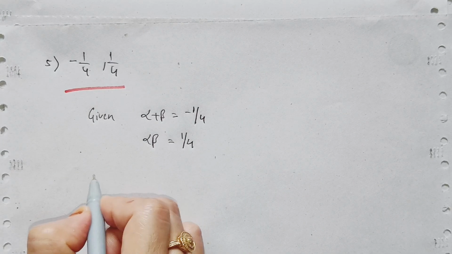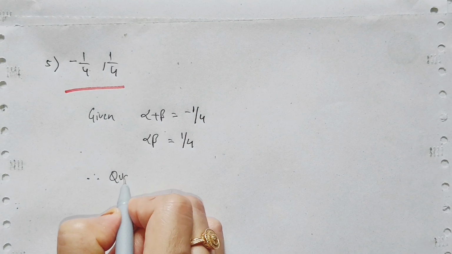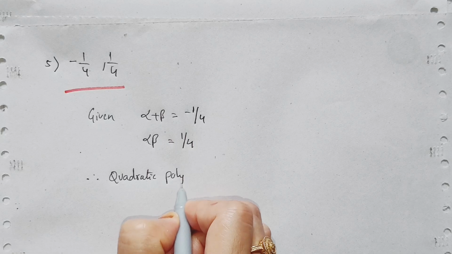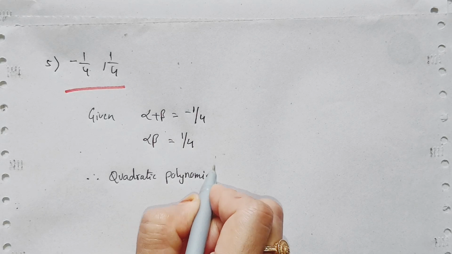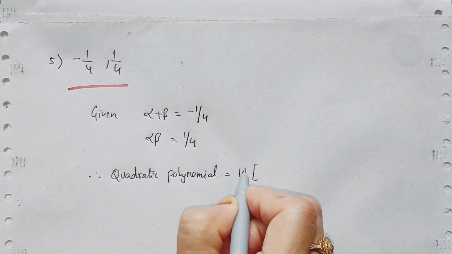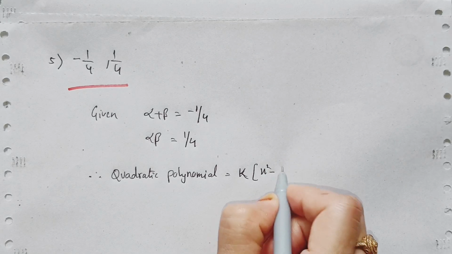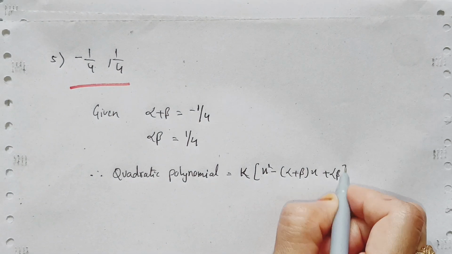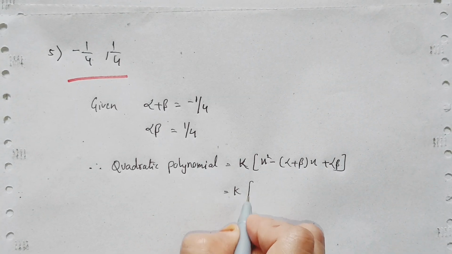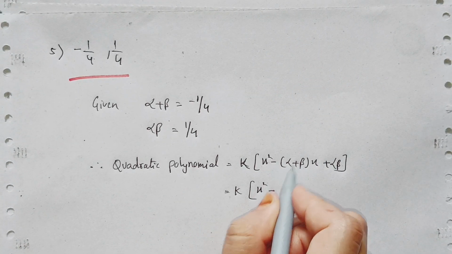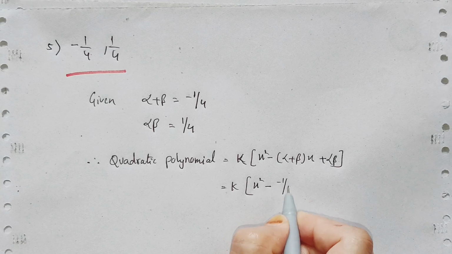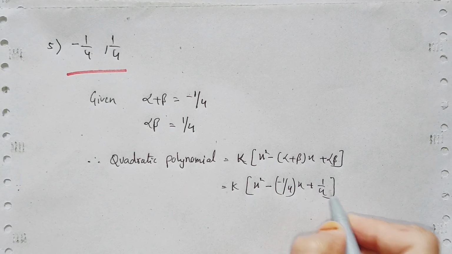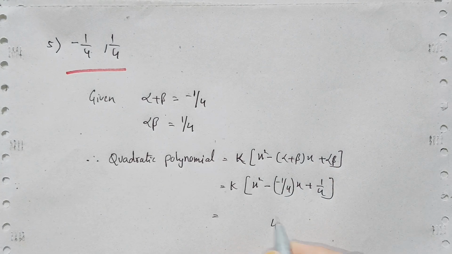Okay, now therefore the quadratic polynomial is k of x square minus of alpha plus beta of x plus alpha beta. That implies k of x square minus alpha plus beta means minus 1 by 4 of x plus alpha beta means 1 by 4. Here 4 is the LCM.